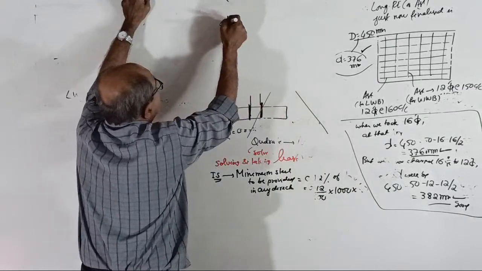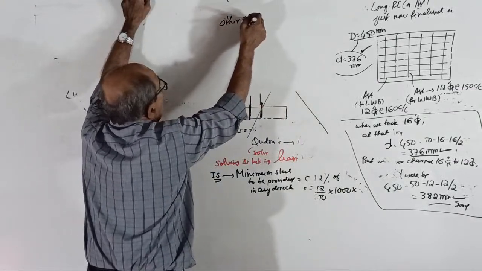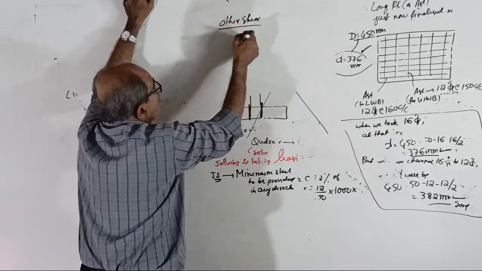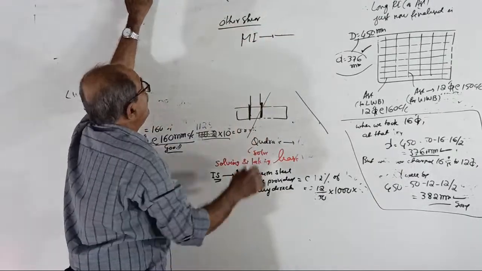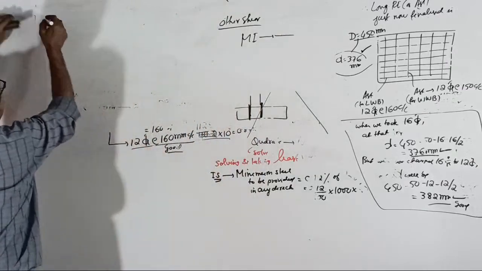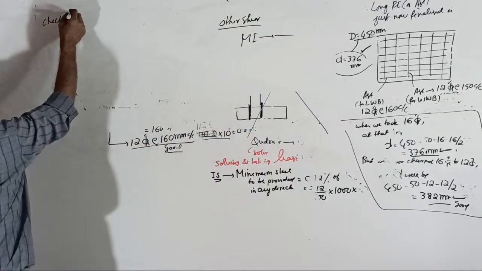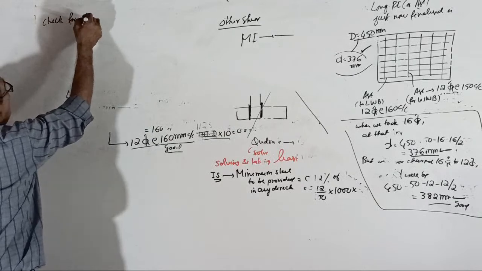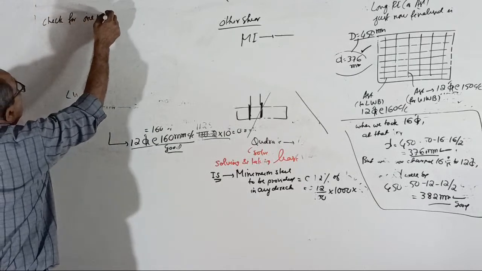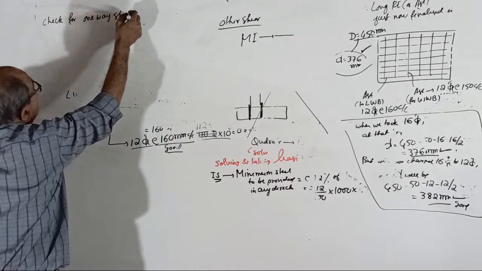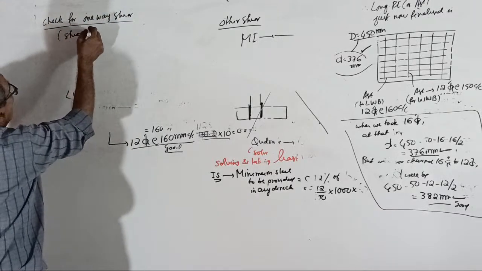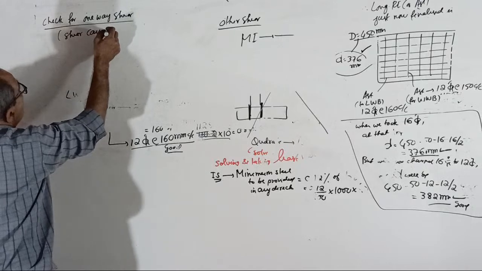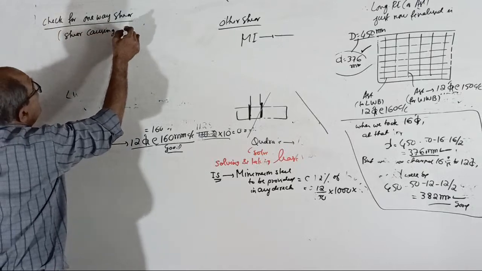Now the other shear. Don't call it the other shear, wrong. That is the most important for design of footing by software, that is check for one-way shear, or shear causing dt.